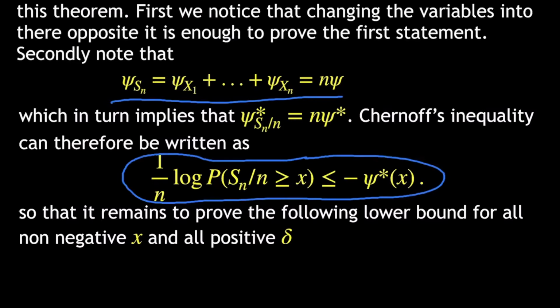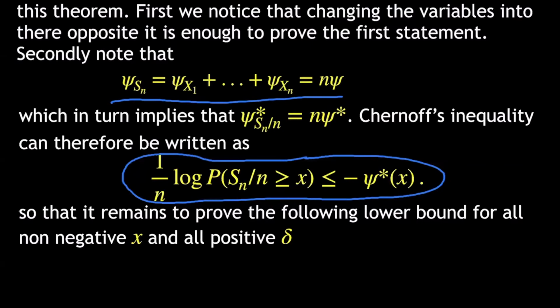So this means that in the statement of Cramér's theorem, this tells you that the limit is equal to something, and you discover that talking about the upper bound. Of course, to show that the limit is equal to something, we shall prove that the lim sup is smaller than something and the lim inf is greater than something, okay?